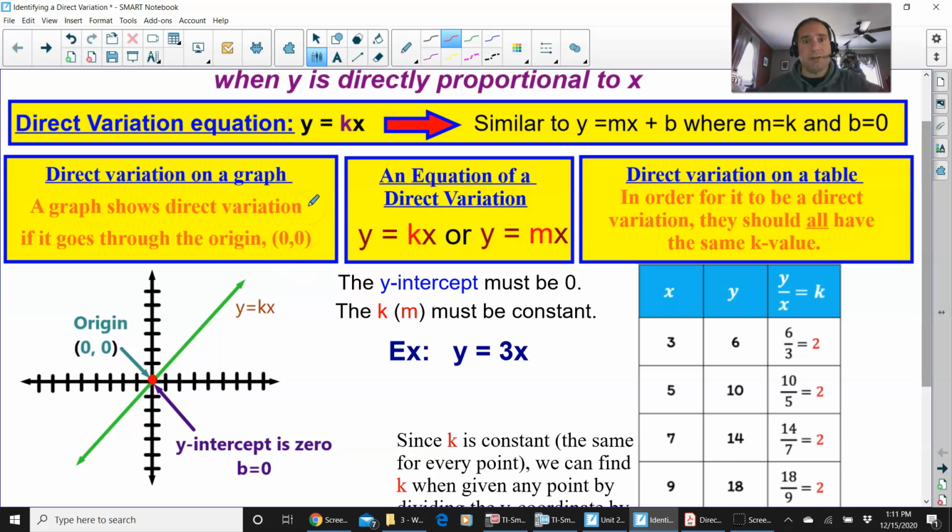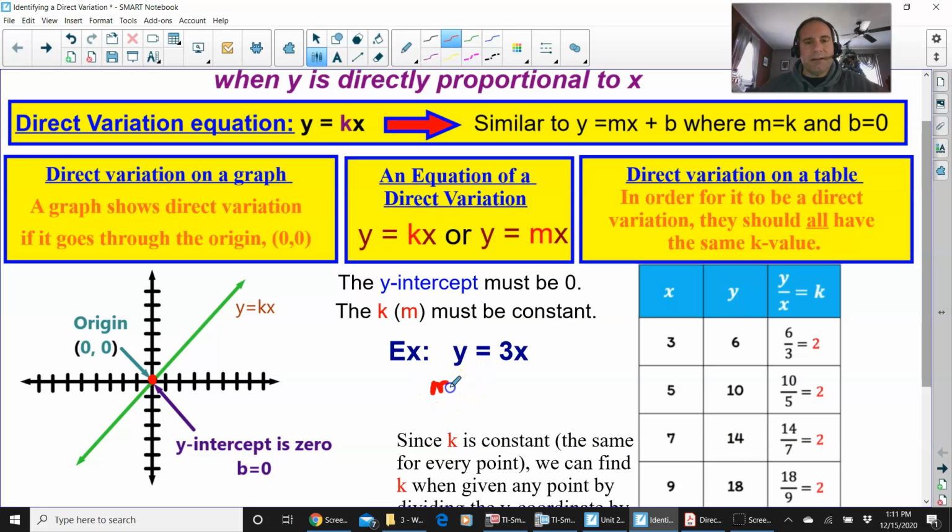It's a direct variation. An equation of a direct variation is y equals kx. It's the same thing as y equals m times x, right? Where y-intercept must be 0 and the k, which is the m, the slope, must be constant. Remember, it has to be a straight line. So an example I have down right here is y equals 3x.